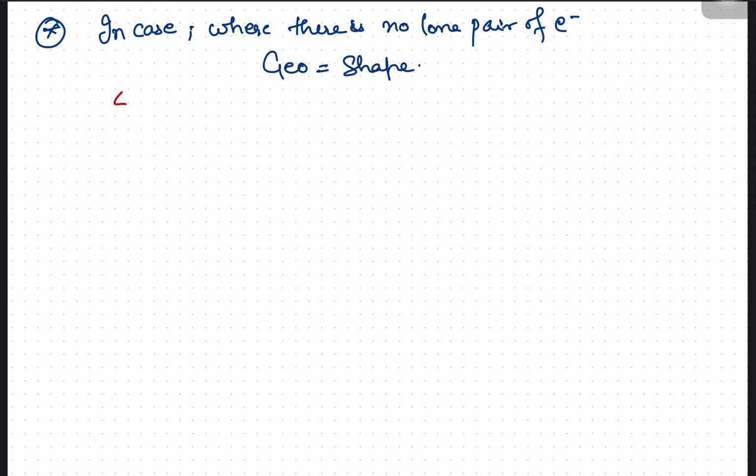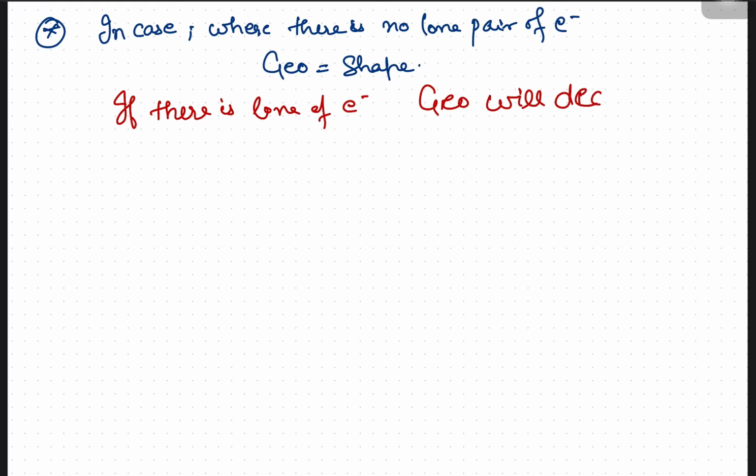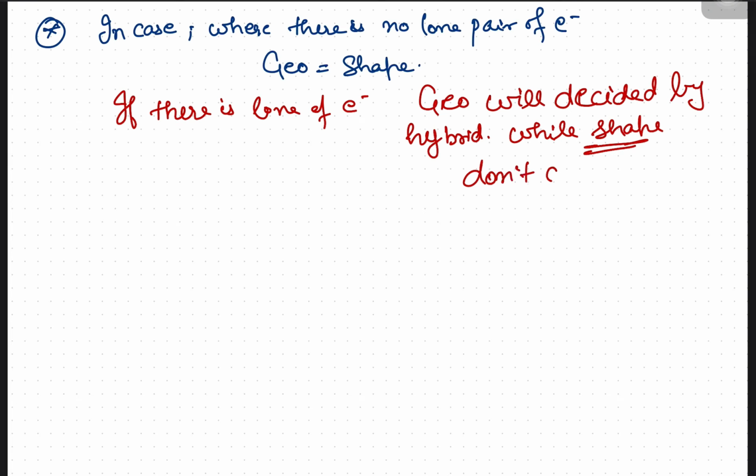But if there are lone pairs of electrons present, then the geometry will be decided by hybridization, while in shape we do not consider the lone pair of electrons. This I'll explain to you with an example.